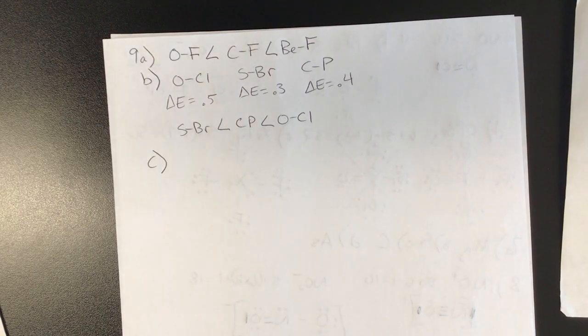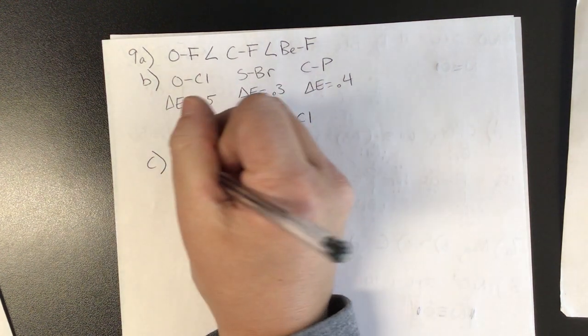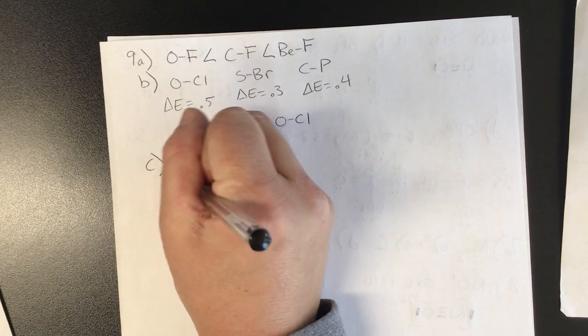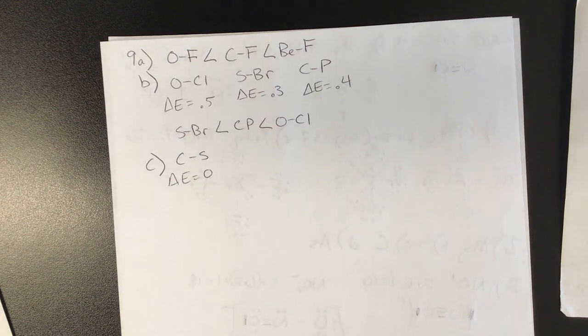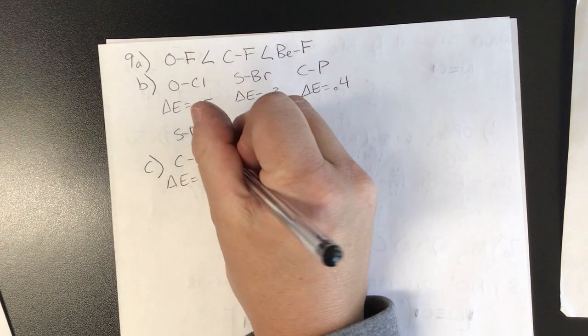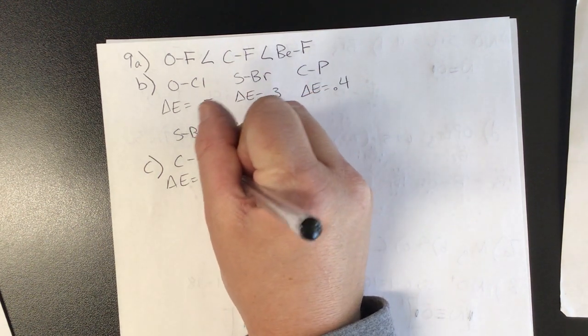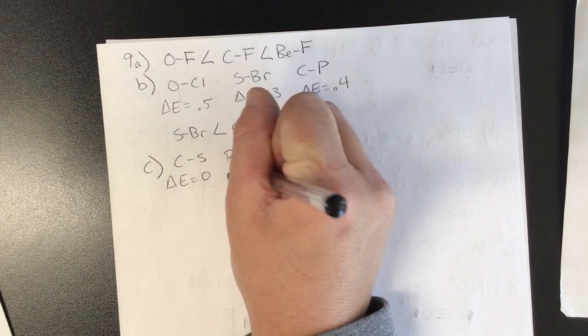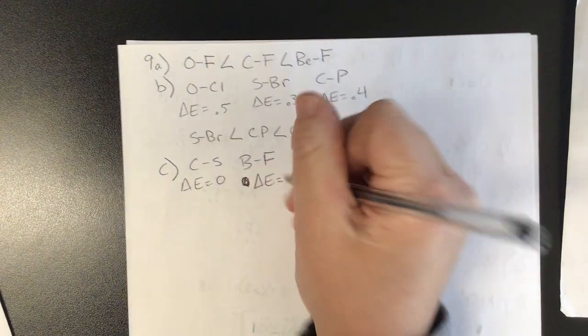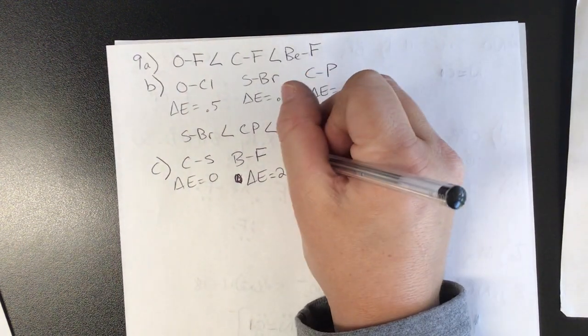Okay. We have CS, and those actually have the exact same electronegativity, both 2.5, so its electronegativity difference would be 0. BF: fluorine has 4 and boron has 2, so we'd get a difference of 2.